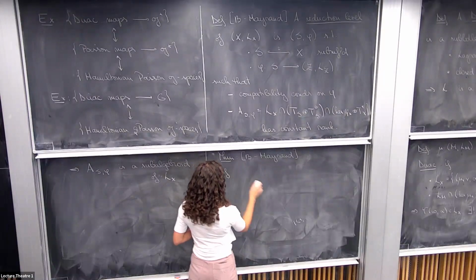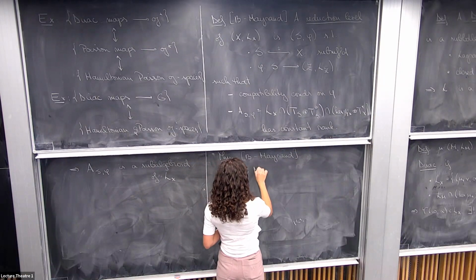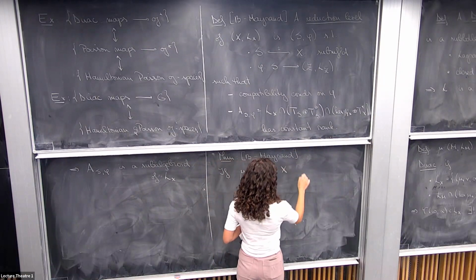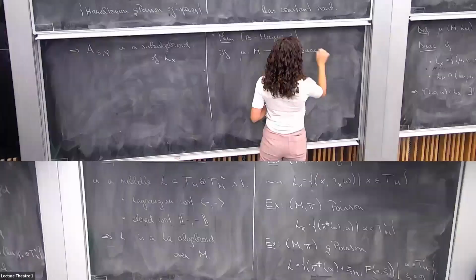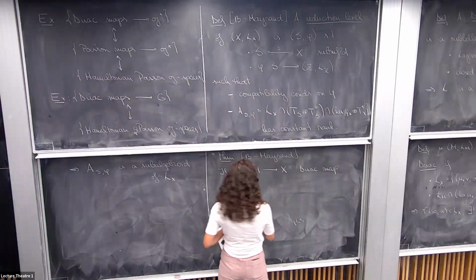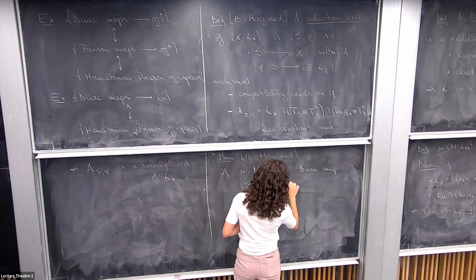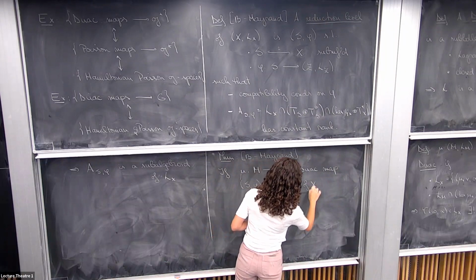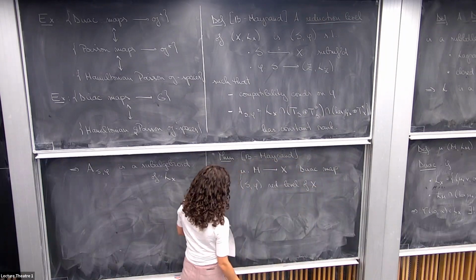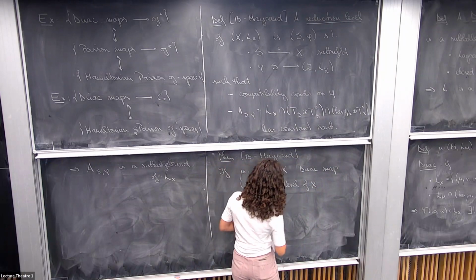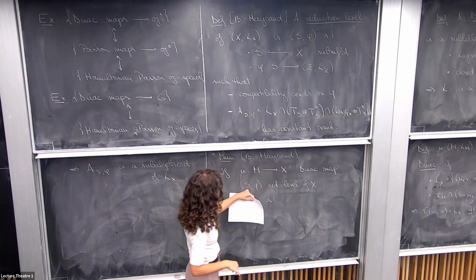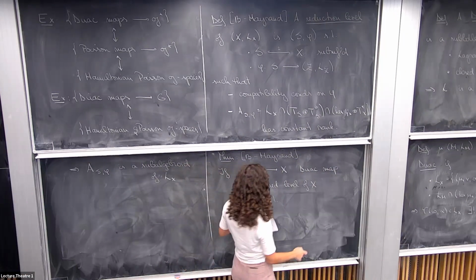says if I have mu from M to X, a Dirac map, and S phi a reduction level of the target, and I need some regularity conditions to ensure that when I take the preimage of S through mu, I get something smooth.